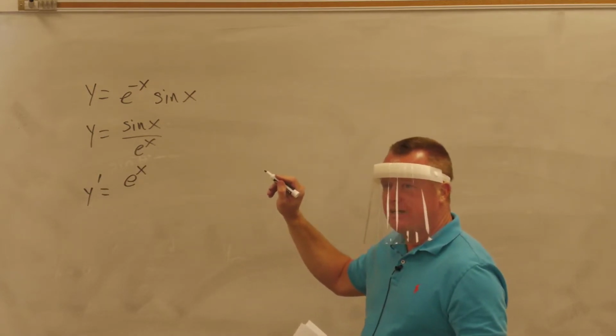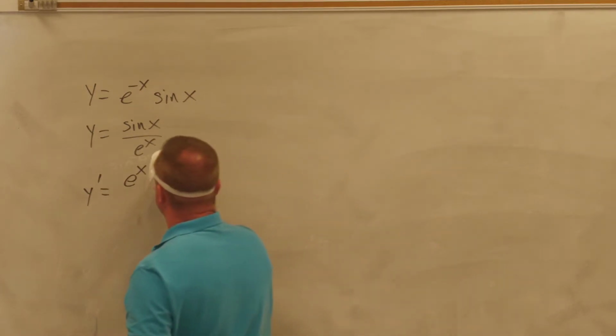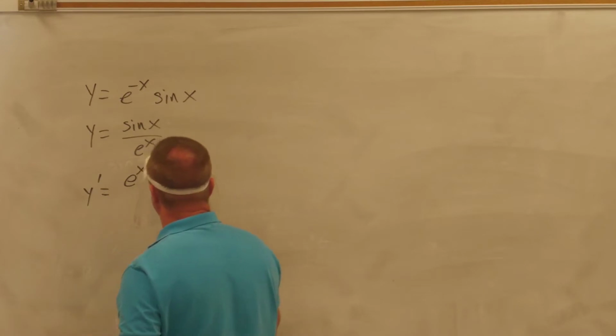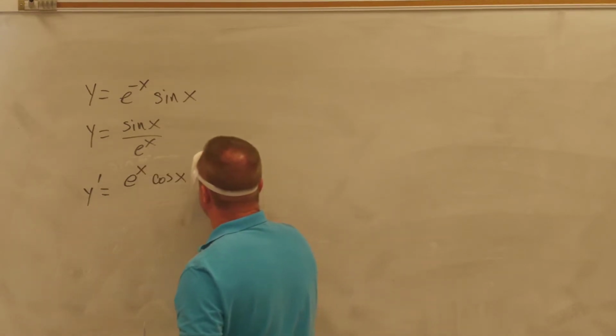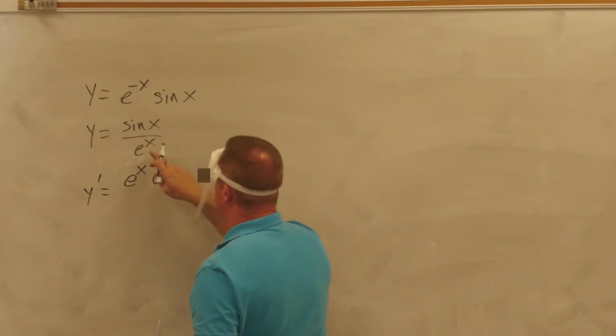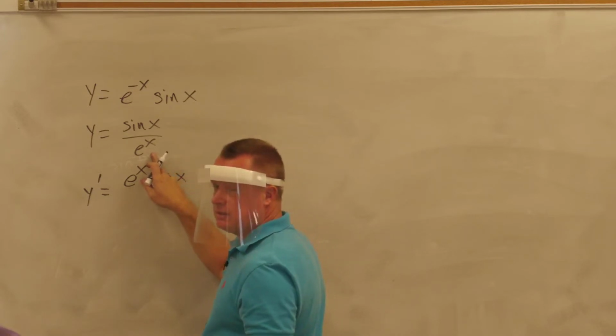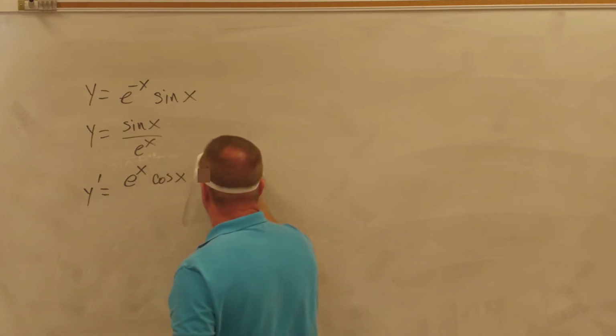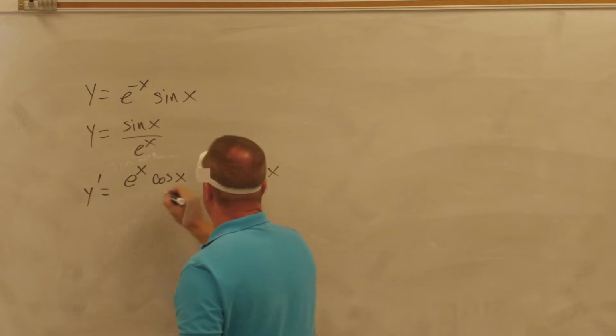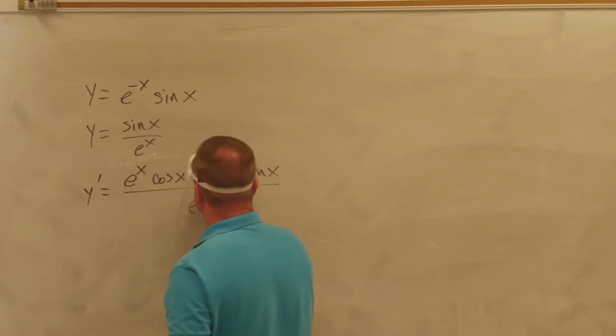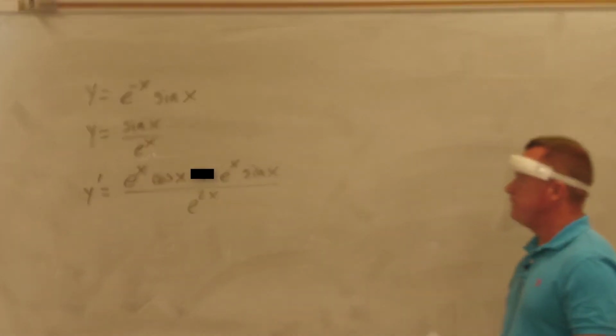What is the derivative of sine? Cosine. Minus the top times the derivative of the bottom. What is the derivative of e to the x? e to the x, over the bottom squared.